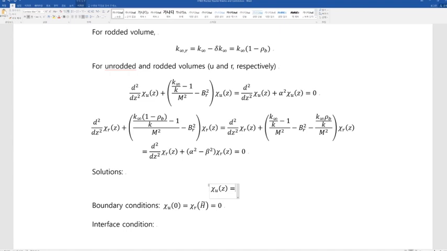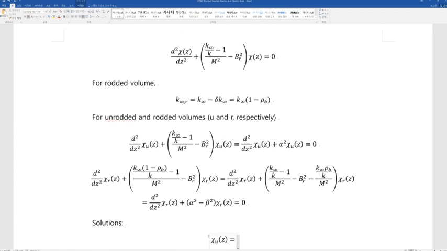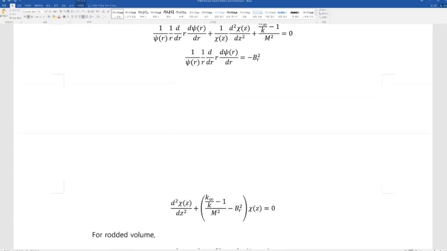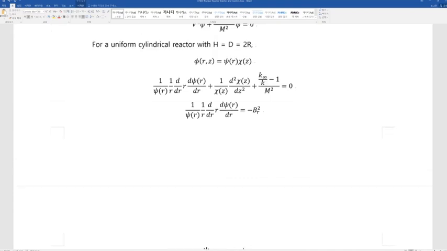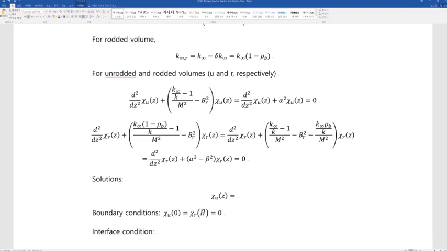Of course we should be able to compare their magnitude, but if we go back to this equation, this equation only tells us that this should be constants.